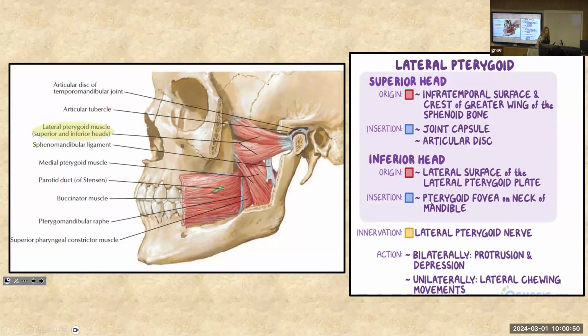And we'll talk about the TMJ joint in a second, but you just might want to note that the lateral pterygoid, because of how it attaches here to the head of the mandible, can actually help depress the mandible open. The main action for depression was just gravity. We don't have a muscle that just really depresses the mandible, but lateral pterygoid can assist.